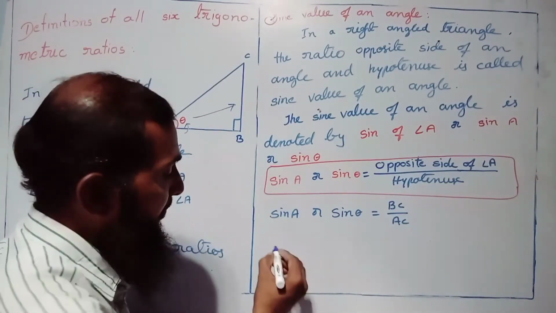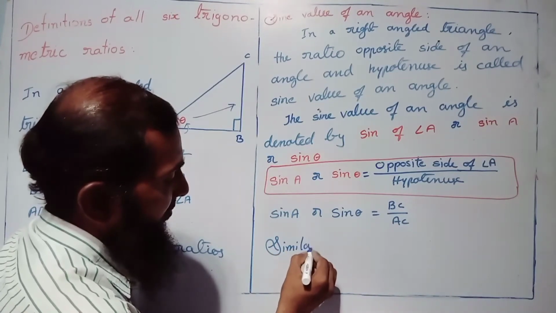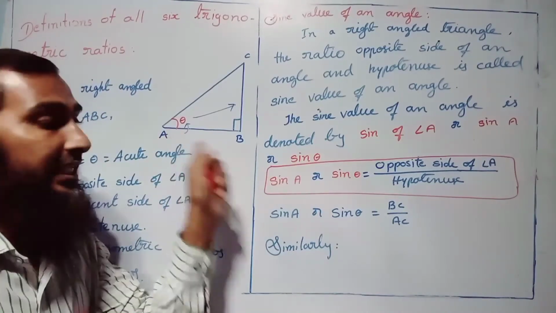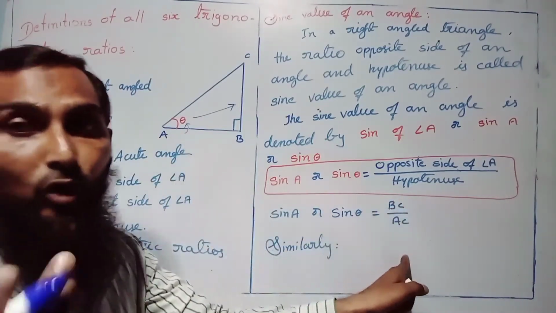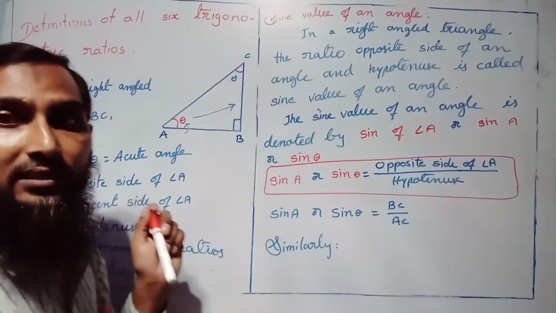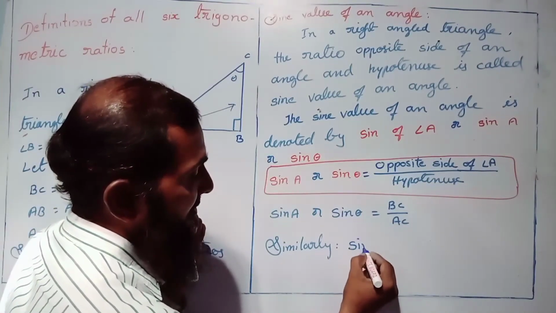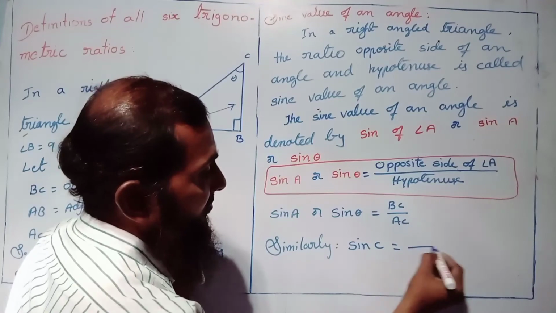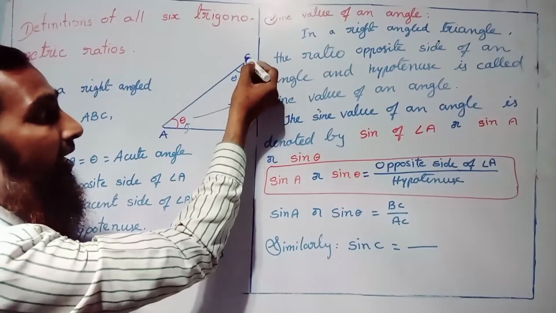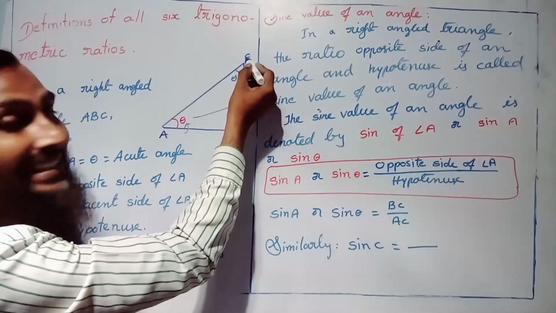And similarly, if you want to select theta as C, then sin C is equal to, what is the opposite side with respect to C?